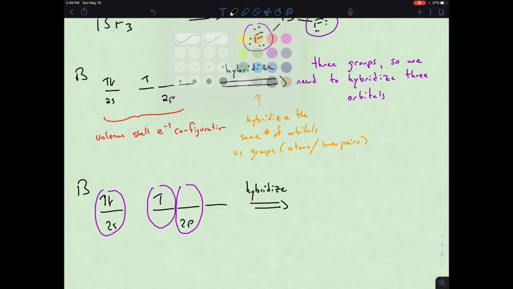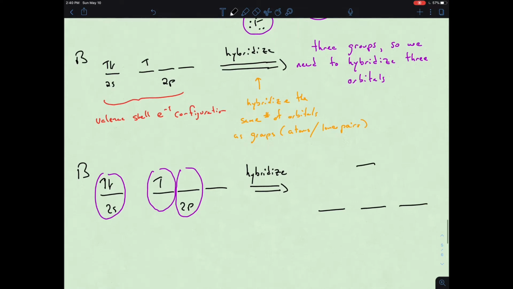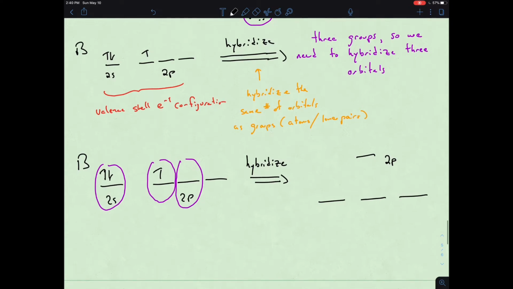And so that means we'll have 3 new orbitals, and then 1 that's actually left over. Our leftover orbital is that 2p orbital, and then the other 3 are known as sp2 hybrids.